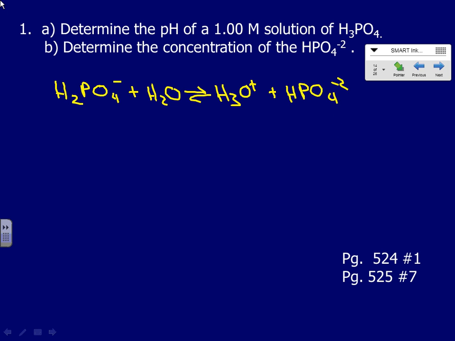And it also has a Ka. Now, we're not going to use this equation to determine the H3O plus concentration. I'm not worried about that because the H3O plus concentration is determined by the first H falling off because most of it falls off. I do need the Ka for my dihydrogen phosphate.